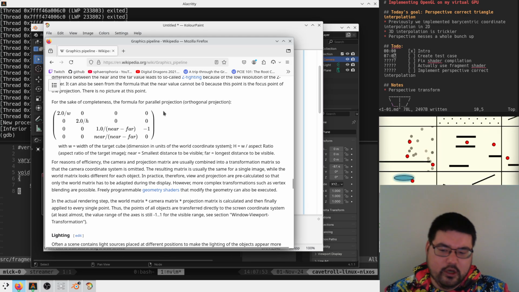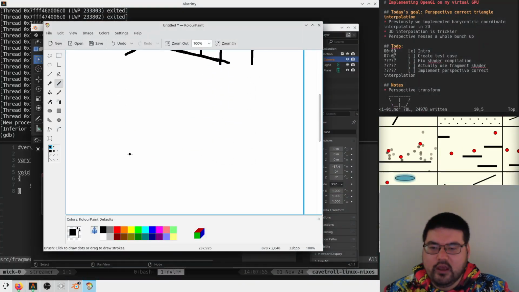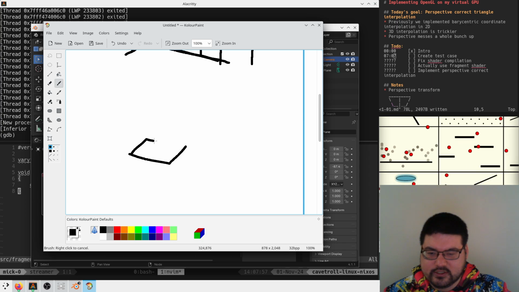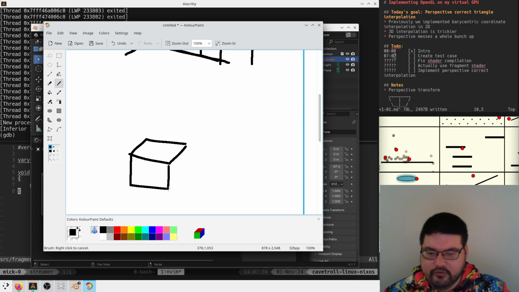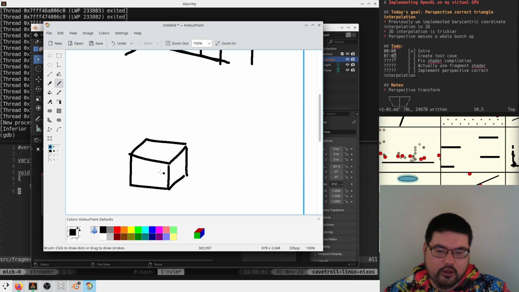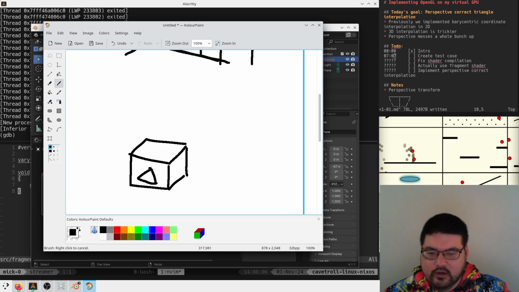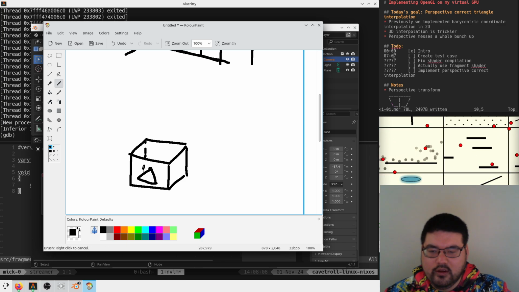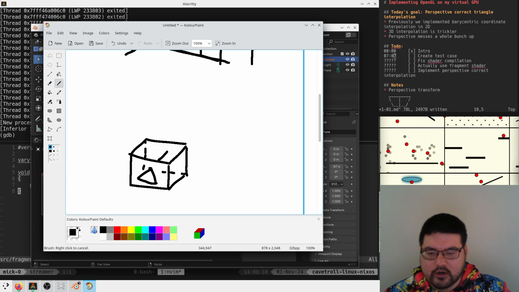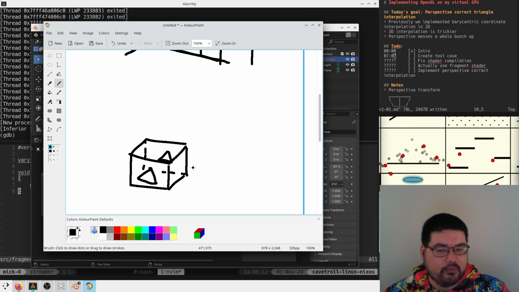Because in OpenGL world, everything shows up in this cube, right? Everything's in a cube. And so if you draw a triangle at the front of the cube, it looks the same as if you drew a triangle on the back of the cube. There's no perspective applied to this thing.